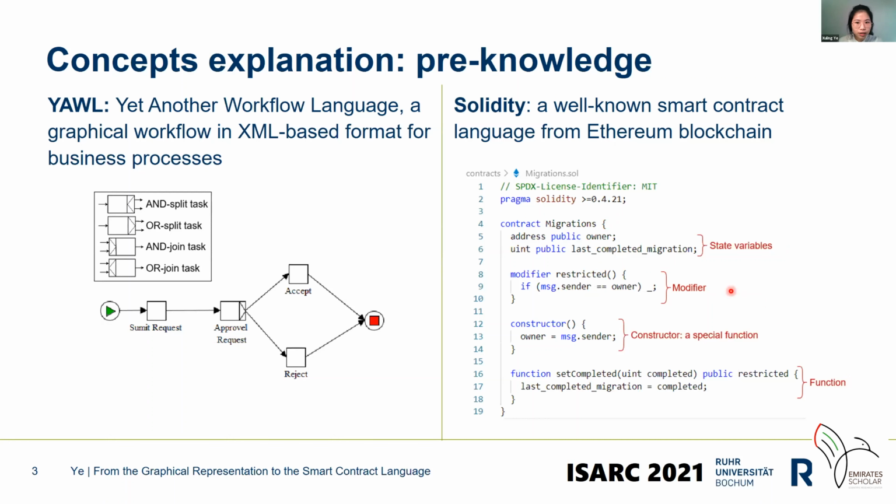The modifier is used to restrict that only the sender should be the owner, and the function called setCompleted is a public function with the restrictive modifier, which is for setting a value to the last completed migration state variable.